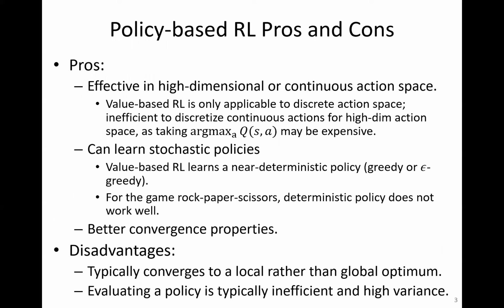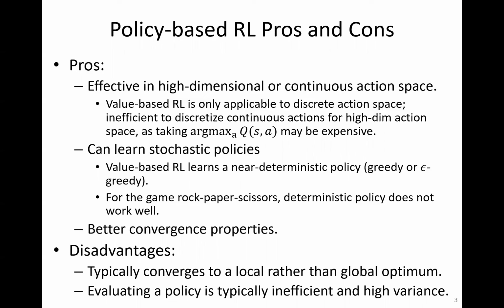So for policy-based RL, the pros are that it's effective in high-dimensional or continuous action spaces. Value-based RL is only applicable to discrete action spaces. It's inefficient to discretize continuous actions for a high-dimensional action space, as taking the argmax may be expensive for very fine discretization.